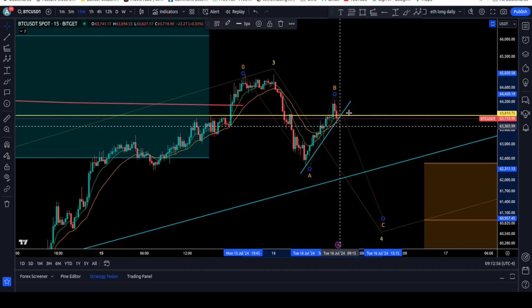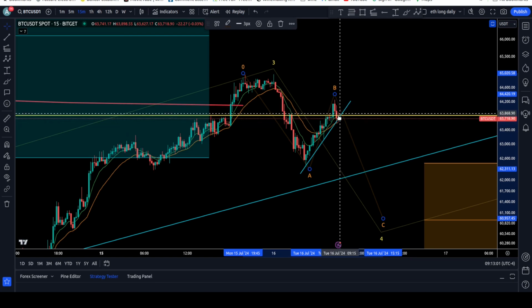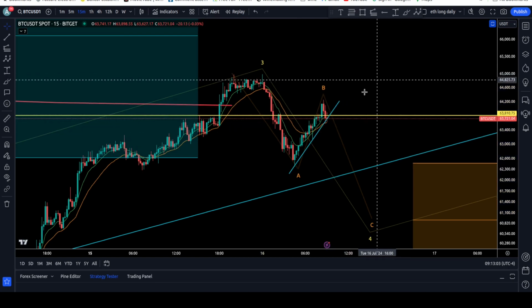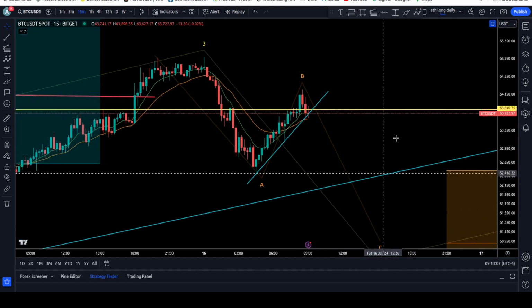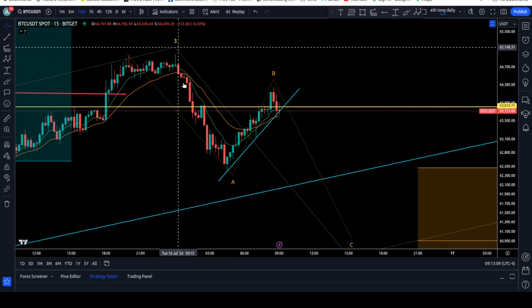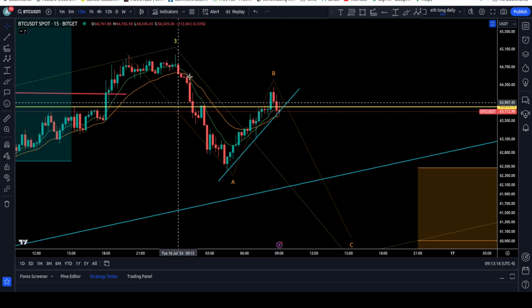So this is what I'm looking for now, very closely in the next few hours. If we break, then I would say more likely we're going to start to do this C wave. All right, so now if I call this wave A, sorry, is this wave B? Once again, you cannot really see.